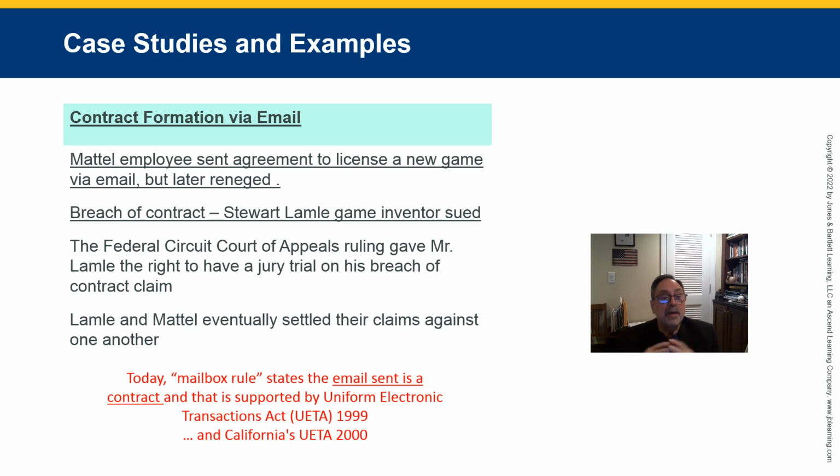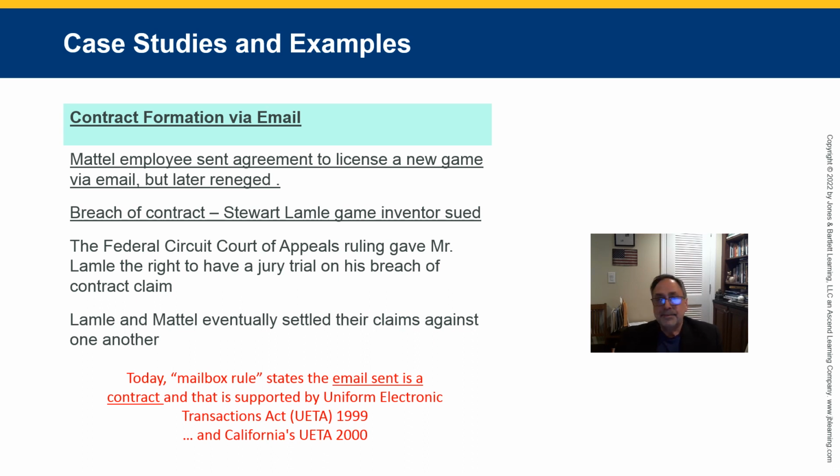He told Mattel he wanted to license a new game that he came up with. Mattel ignored the agreement he sent. A court agreed with Stuart Lamley and said, no, that's a contract that Mattel should have honored, even though it was sent through the mail. That's legitimate based on the mailbox rule.